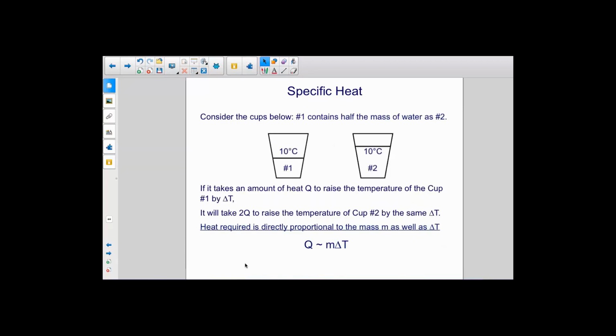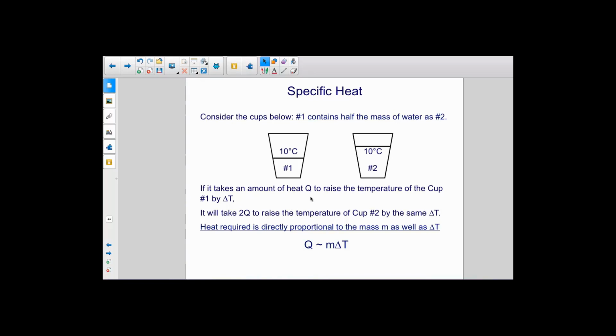Now let's look at how mass has an effect on how much heat is required to raise the temperature of an object by a certain amount. Consider the cups below. Number 1 contains half the mass of cup number 2.